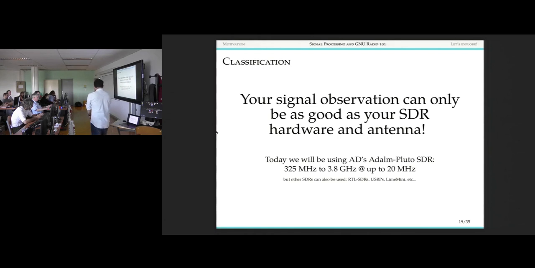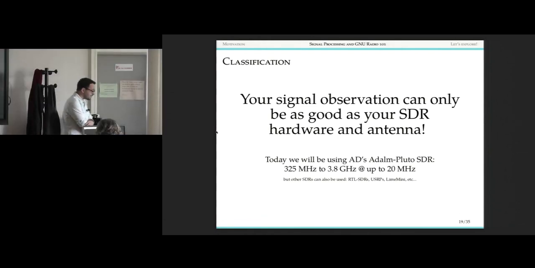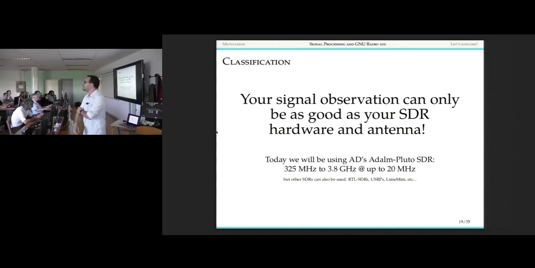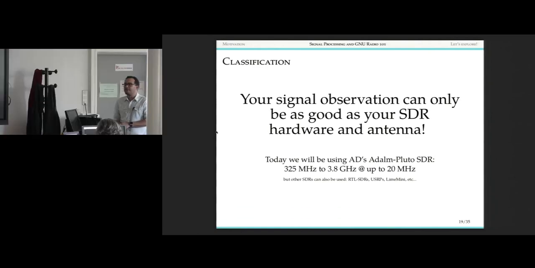So today we're actually very lucky. We'll be using the ADALM-Pluto, which is a very performing SDR. Some of you have already maybe played around a little bit with the RTL SDRs. They are also very interesting, but I would say that it depends on you. Whatever you want to listen to will determine which kind of SDR you're using, right?